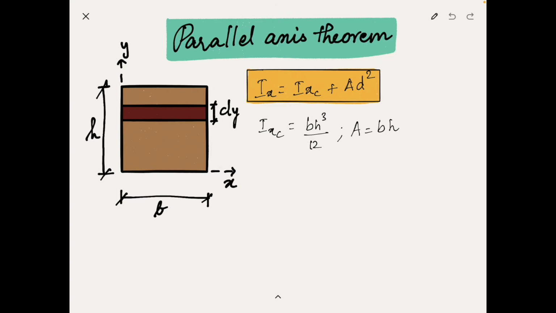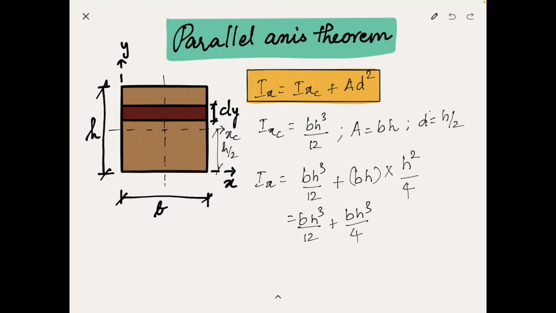Before finding the perpendicular distance between the reference axis and the centroidal axis, let's first draw our centroidal axis. Now we know that the centroid of the rectangle is exactly at the half of its height, so from the edge, the distance to the centroidal axis is h divided by 2. Substituting this in our parallel axis theorem equation and solving for Ix, we will get Ix is equal to bh cube divided by 3.